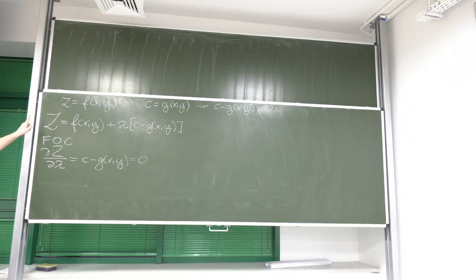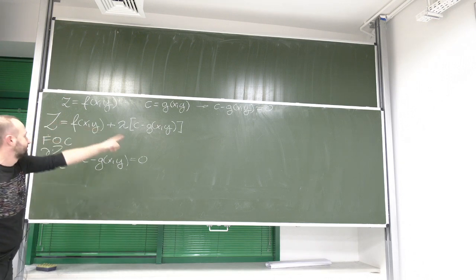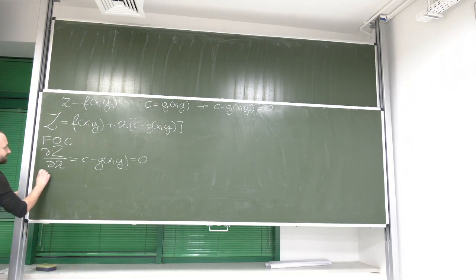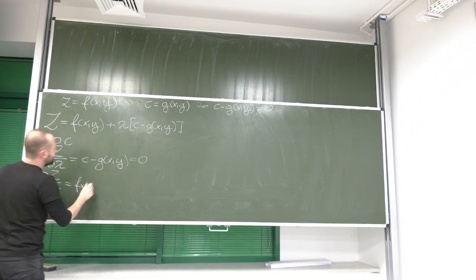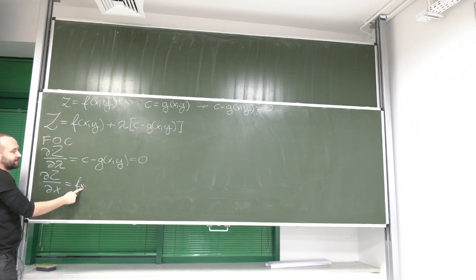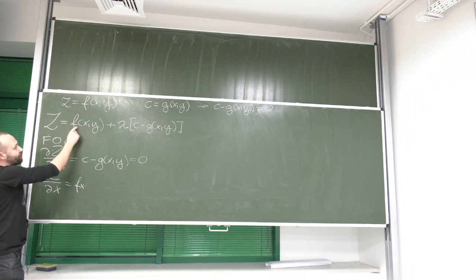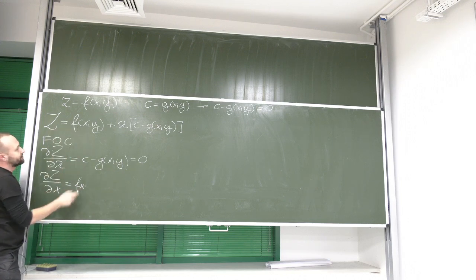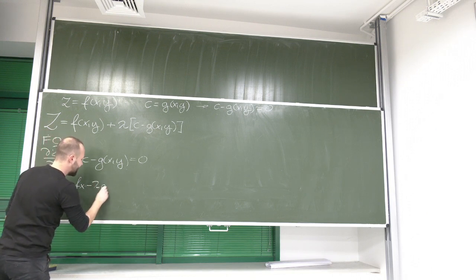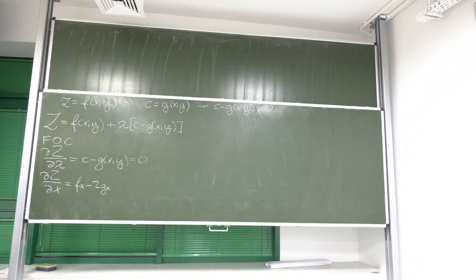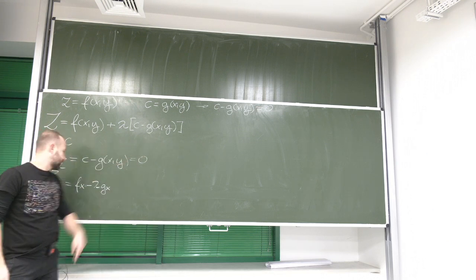Okay, then we need to differentiate this equation with respect to x. So we've got that this is fx, where this x here denotes derivative of function f with respect to x. Right? Then we will have minus lambda times gx, where gx is simply a derivative of function g with respect to x.